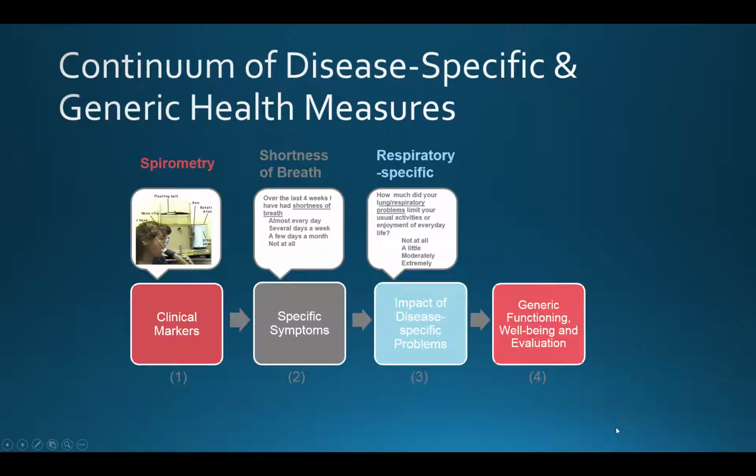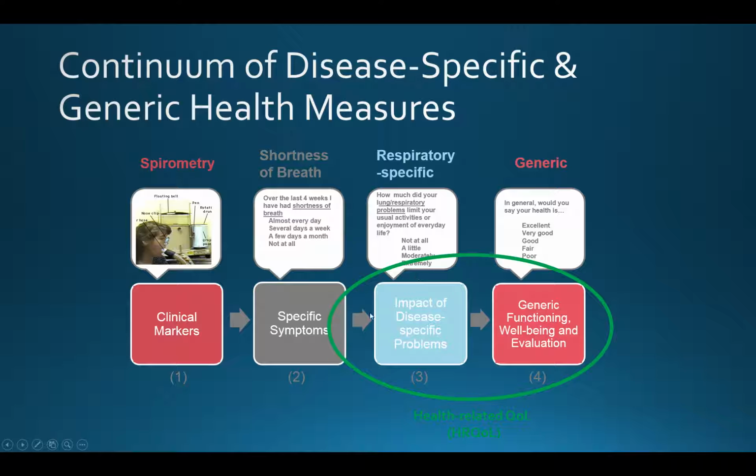And then we can ask more broadly, not specific to the disease state, but just in general, would you say your health is excellent, very good, good, fair, or poor? And it's in particular these last two measures, of the impact of disease-specific problems and overall well-being and functioning, that give us a picture of somebody's health-related quality of life.